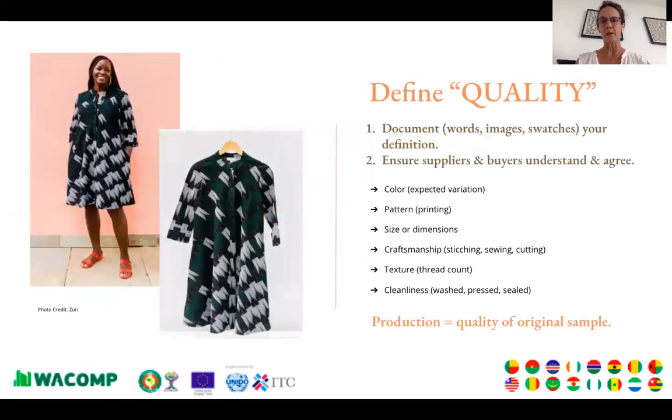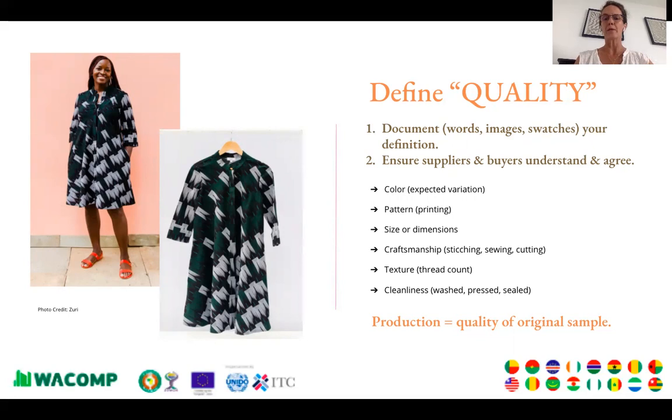The foundation of good production planning and supply chain management is to have a clear definition of what you mean by quality. So you want to document your definition in words, images, swatches, numbers, right? A very specific definition of what quality means for you.